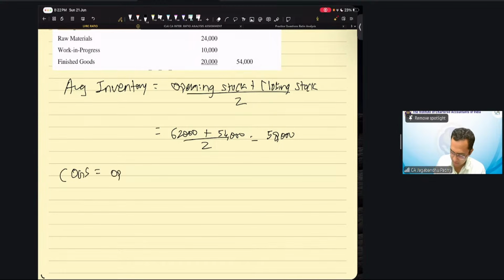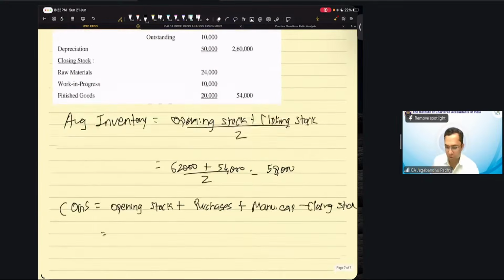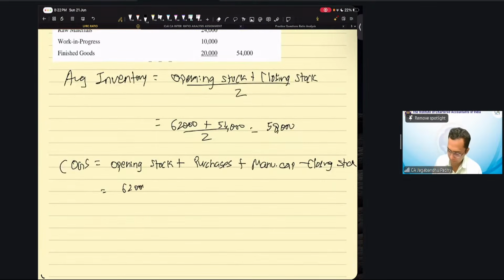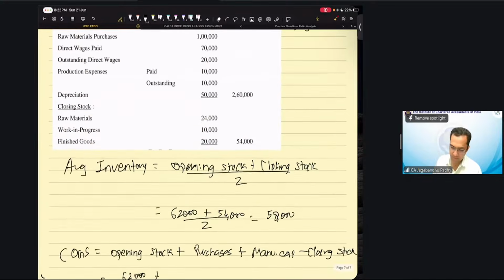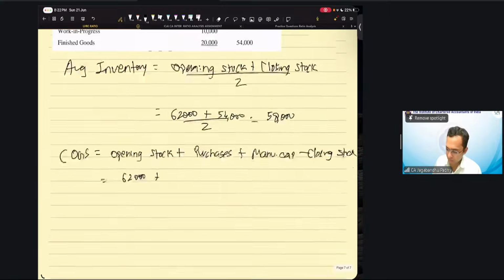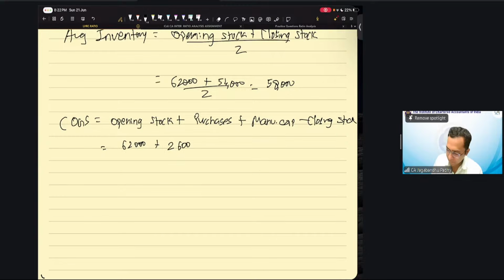The COGS is opening stock plus purchases plus manufacturing expense minus closing stock. So opening stock is 62,000 plus purchases and other expenses 2,60,000, right?